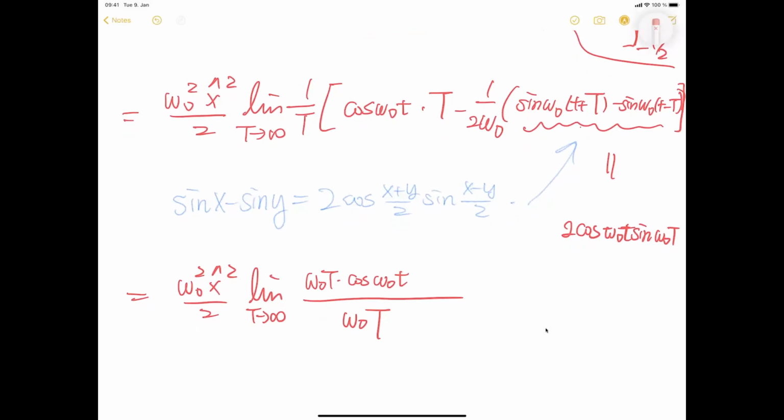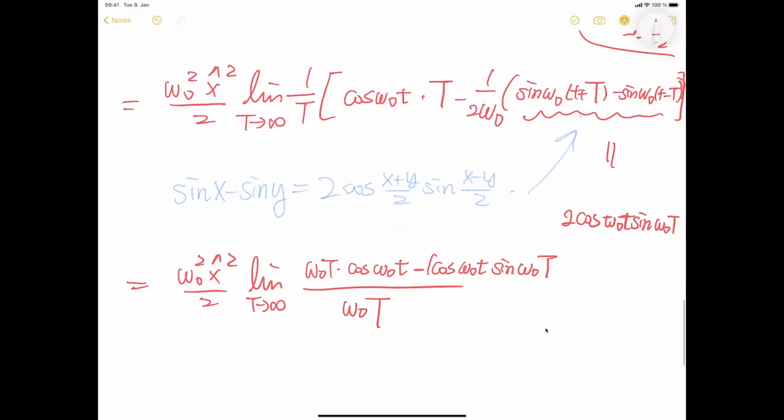So here we have minus cosine omega 0 small t sine omega 0 capital T, right?